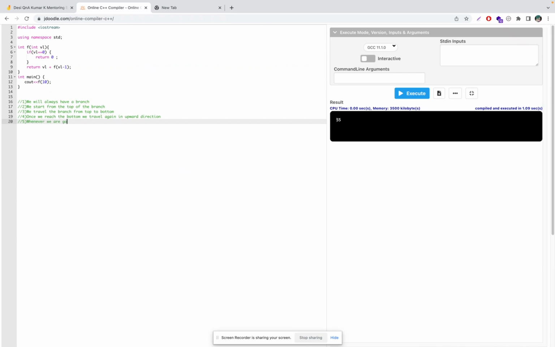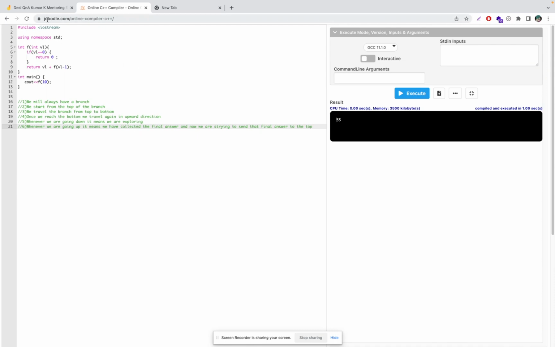Whenever we are going up, it means we have collected the final answer, and now we are trying to send that final answer to the top.